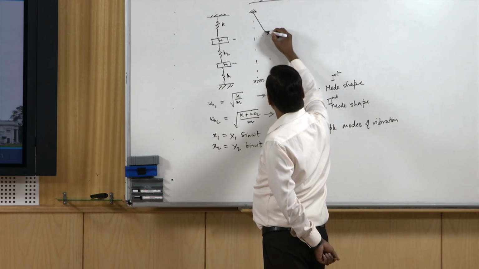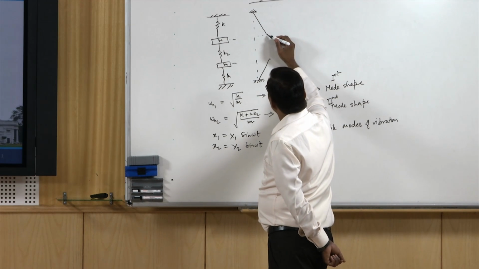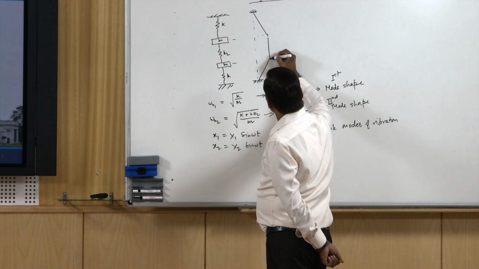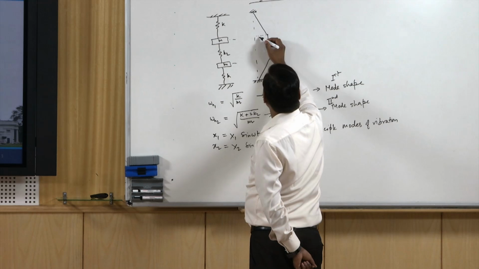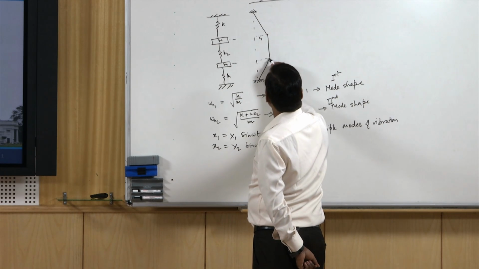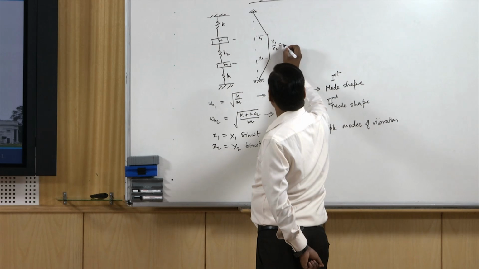So this is x1, this is x2, and x1 by x2 equal to plus 1.